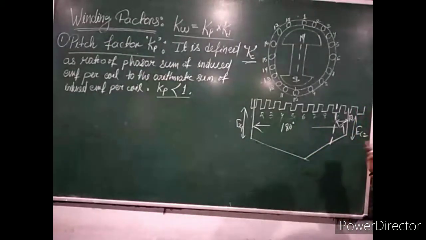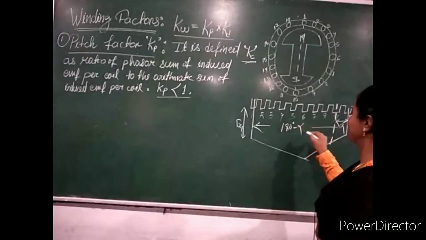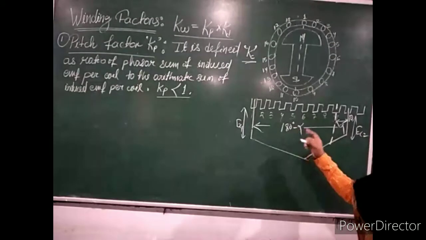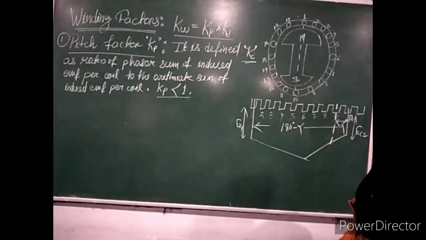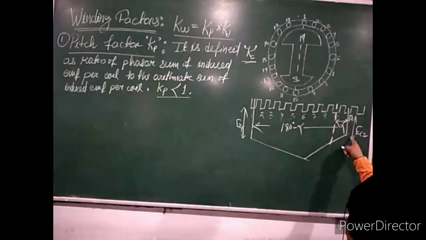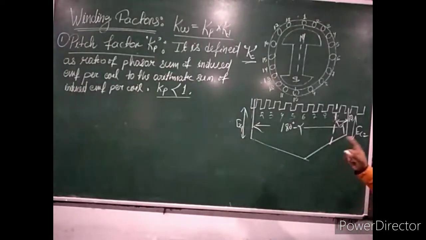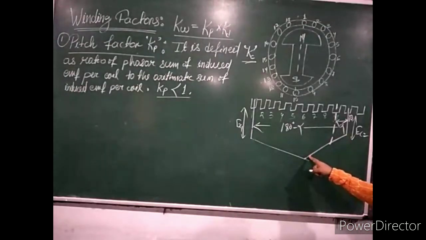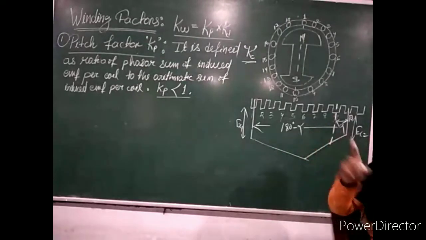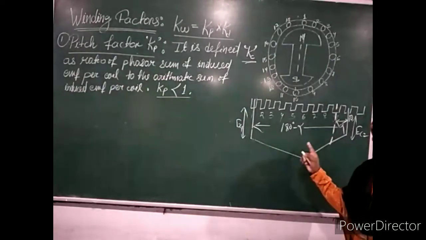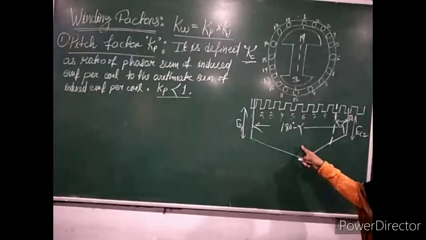If I short pitch the coil, the coil span is reduced to 180 degree minus alpha electrical. So instead of taking the algebraic sum of the EMF induced as the total EMF induced in the coil, we take the vector sum. This type of winding is called short pitch winding.